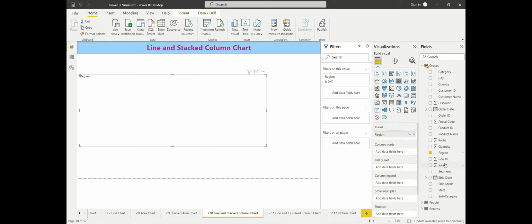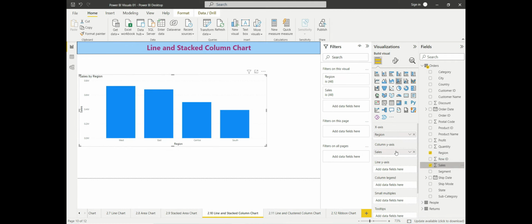On the y-axis we'll move the sales, and in the column legend we'll move the category.